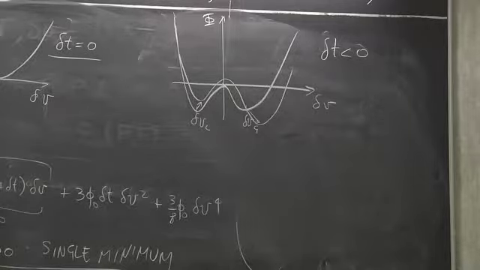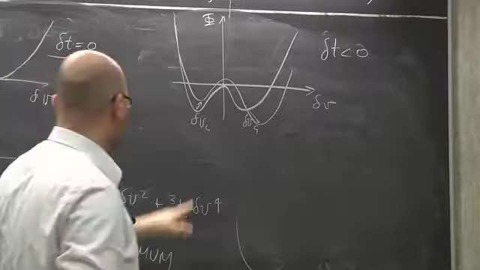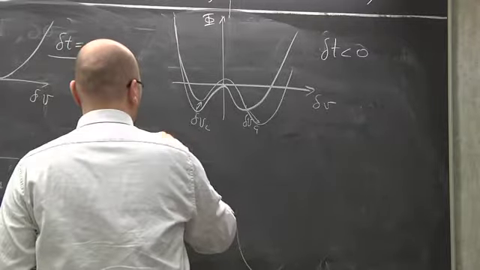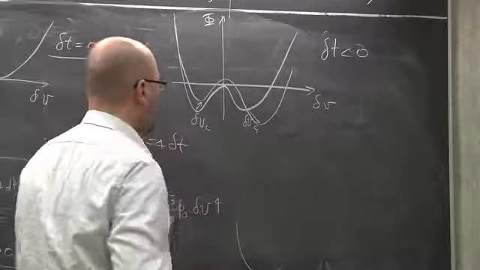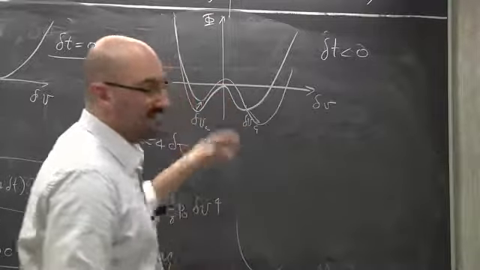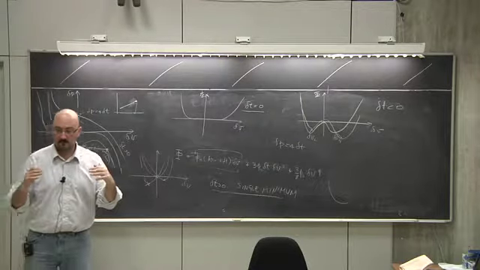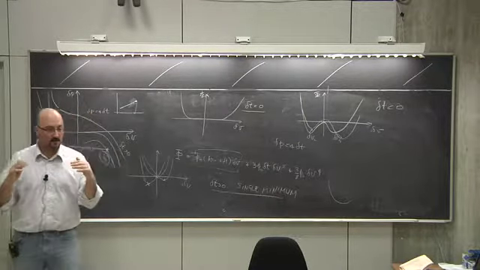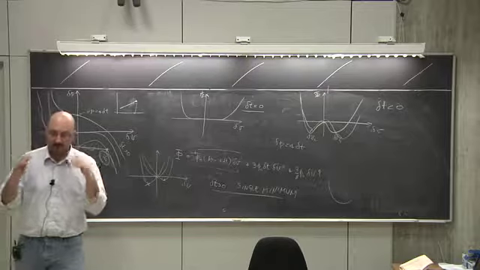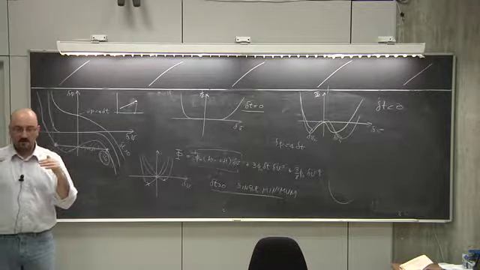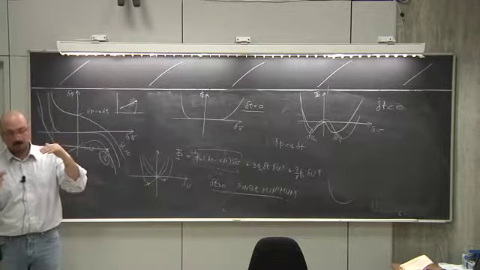For delta p equal to 4 delta t, the two minima are degenerate. They have the same value of the enthalpy, so I cannot choose between them. They coexist.